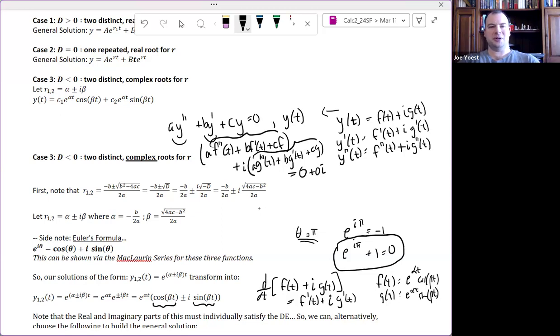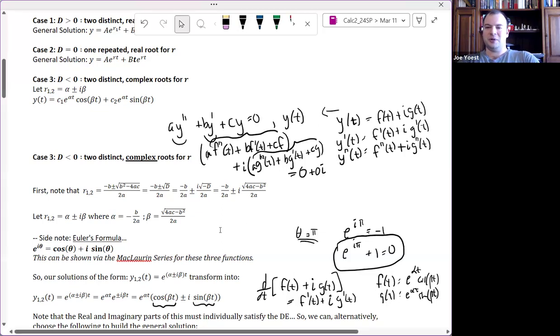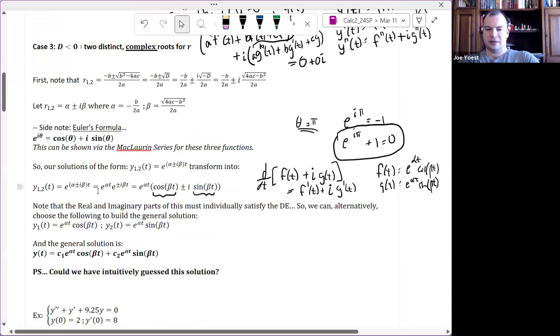I mean, it's just a little bit of scratch work. I'm not going through this super carefully, but we can see that the real part, the cosine part, as well as the imaginary part, the sine, have to individually be solutions to the differential equation if the overall function is a solution. So instead of thinking of my two solutions as the plus part and the minus part, I can think of them as the real part and the imaginary part.